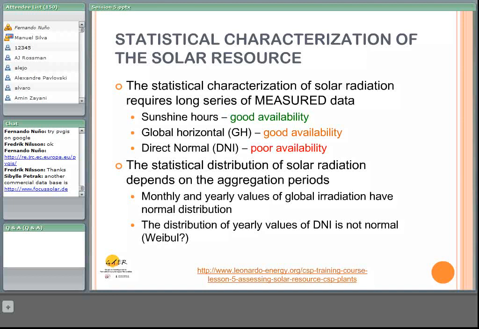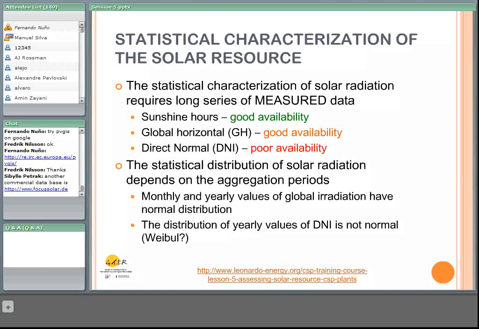For global horizontal, we have a better availability of insolation data in different places of the world. In some places we don't have measurements at all, and unfortunately there are few places where we have long series of direct normal irradiance or irradiation data. The availability is very poor.